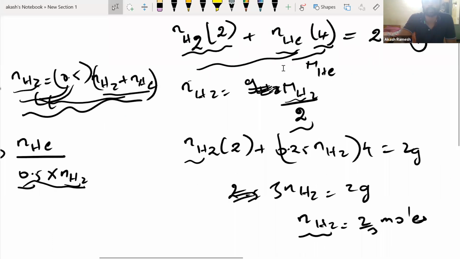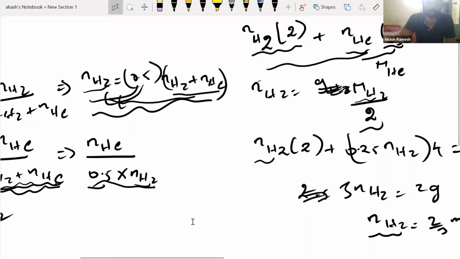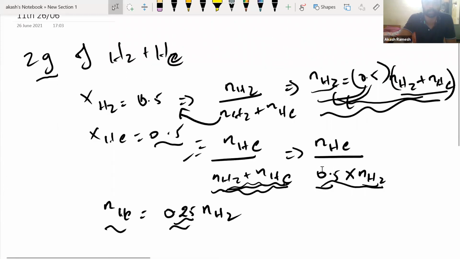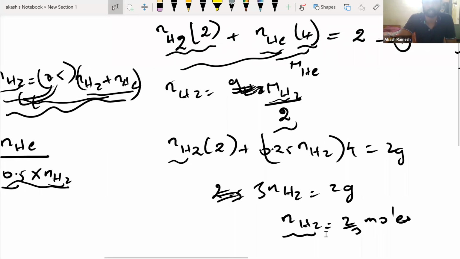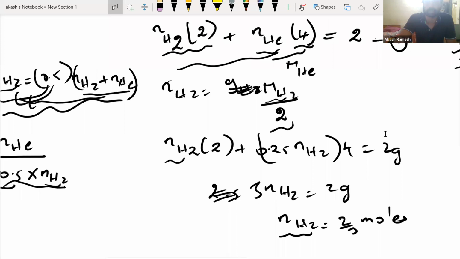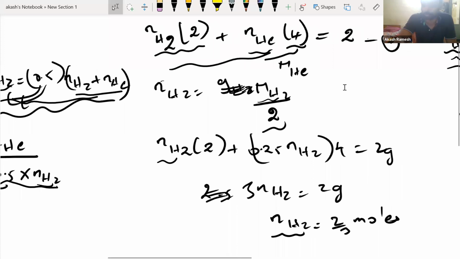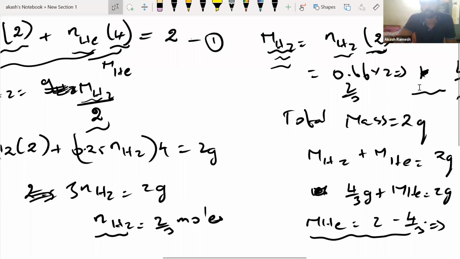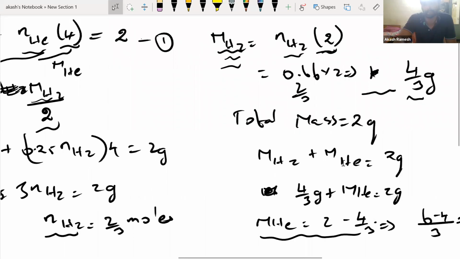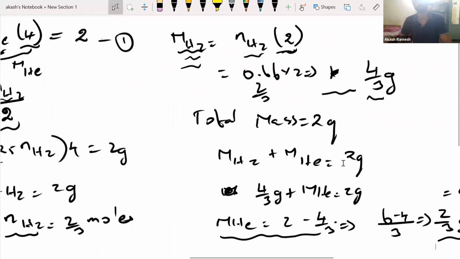In terms of the number of moles of helium, we substituted 0.25 into the number of moles of H2, and there is a 4. We calculate the number of moles of H2, and from that the mass of H2. From the total mass, I know H2's mass, so obviously I can calculate the mass of helium. And that we calculated to be 2 by 3 grams.